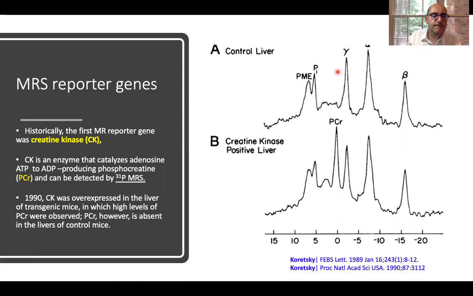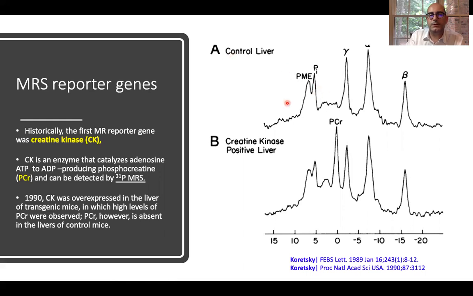It catalyzes the conversion of ATP to ADP, and by that produces phosphocreatine, or PCR, that can be detected by MR spectroscopy.